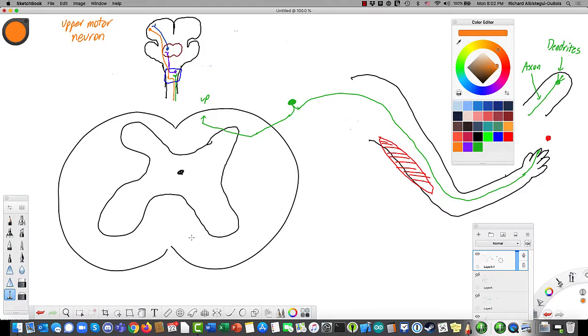But it's actually heading down in a different area. So this is down in, probably in here. So this is from the brain. Back that up just a bit. There we go. So here we are coming down from the brain, and we're going to enter the ventral horn of the spinal cord.